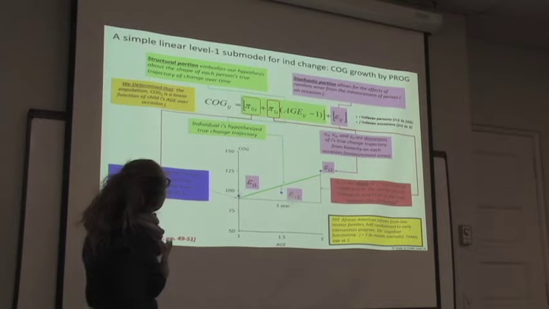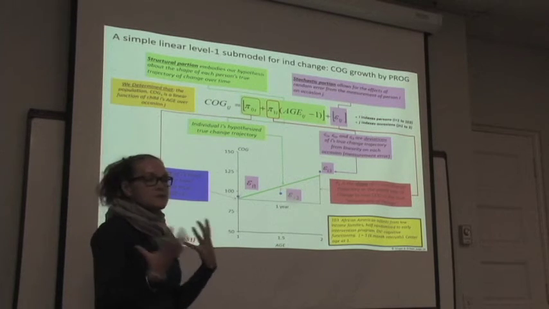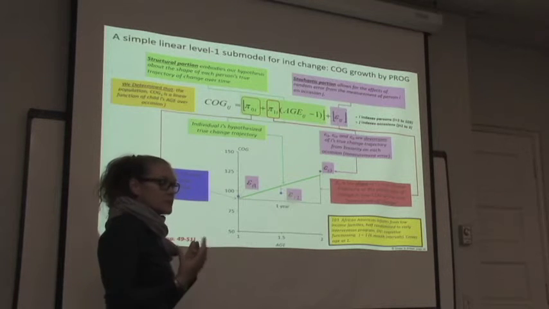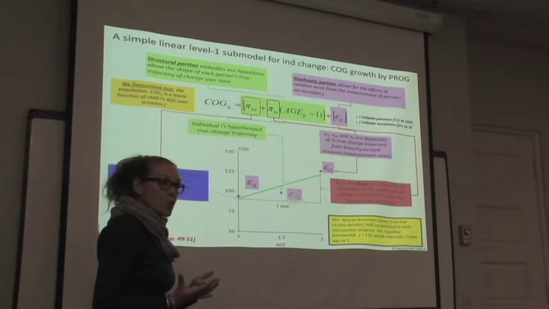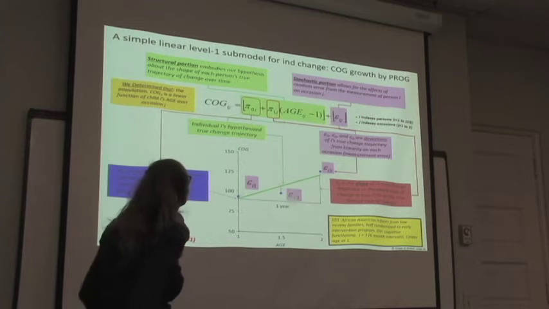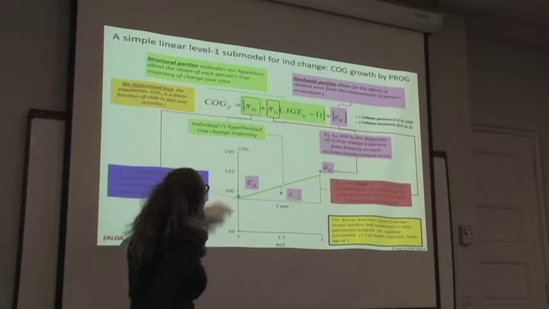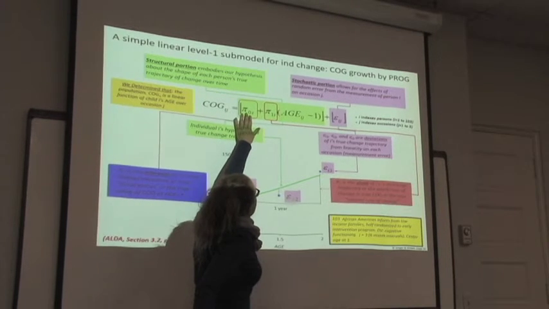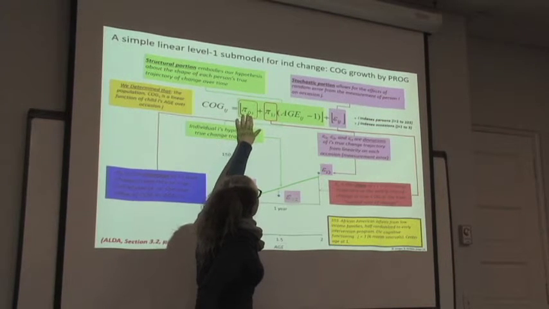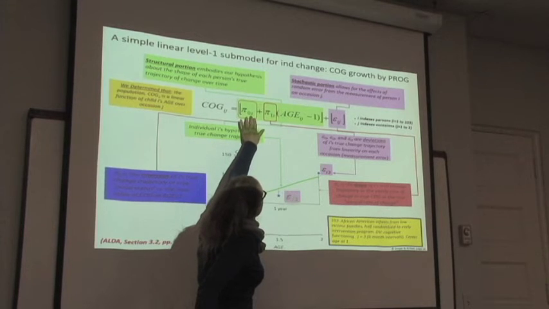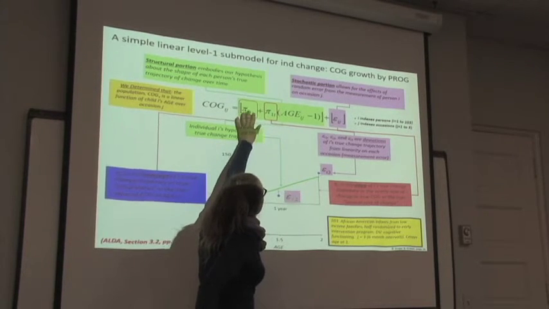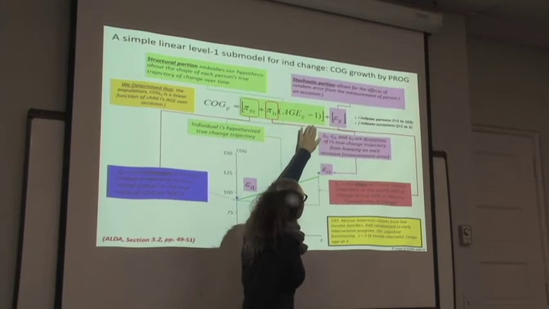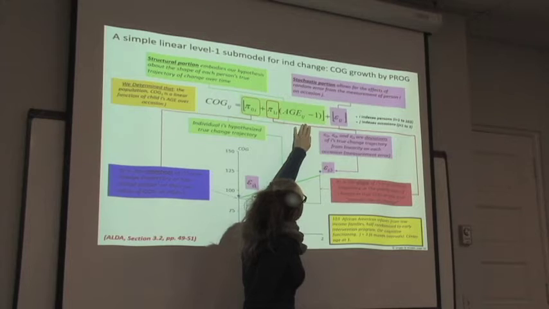Okay? So the structural portion embodies what we think about in terms of the shape of the true individual trajectory in the sample. So in this case, infant cognitive growth, on average. And so that is comprised of the intercept for the kid's cognition, and then the slope for age, and here we've got age centered at 1, right?